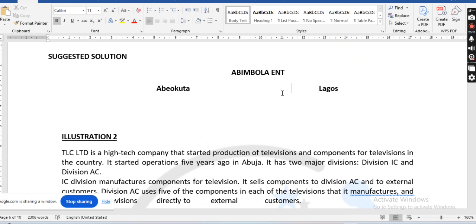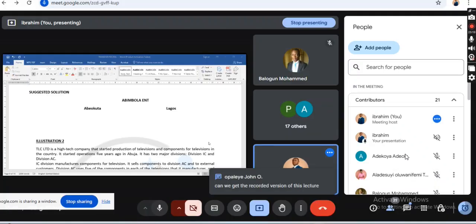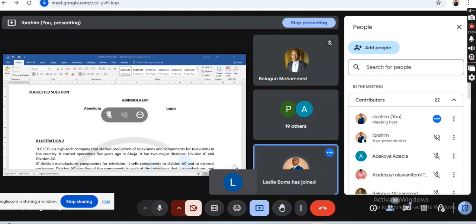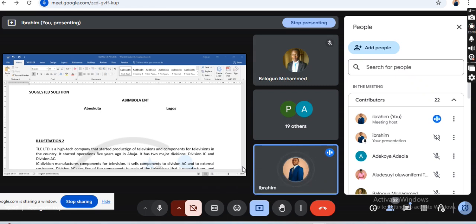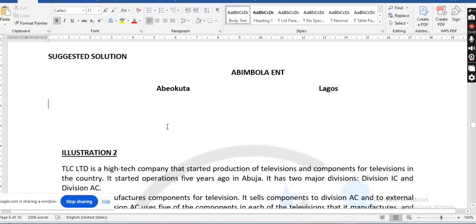So why did they just say Abeokuta? Lagos. You can always get the recording version. If you want the recording, just check the YouTube playlist. Everything is there. Maybe after this class we'll upload this as well. So it's not a problem. Okay. So we need to have group, which is the company as a whole.